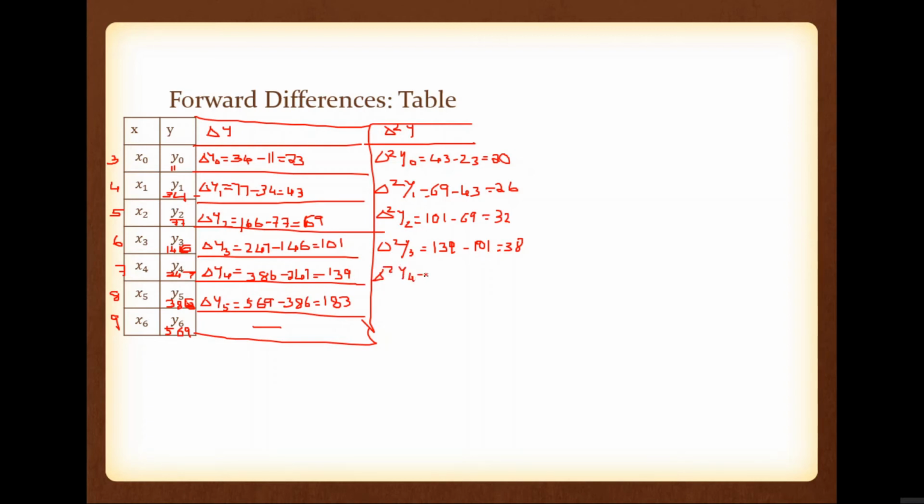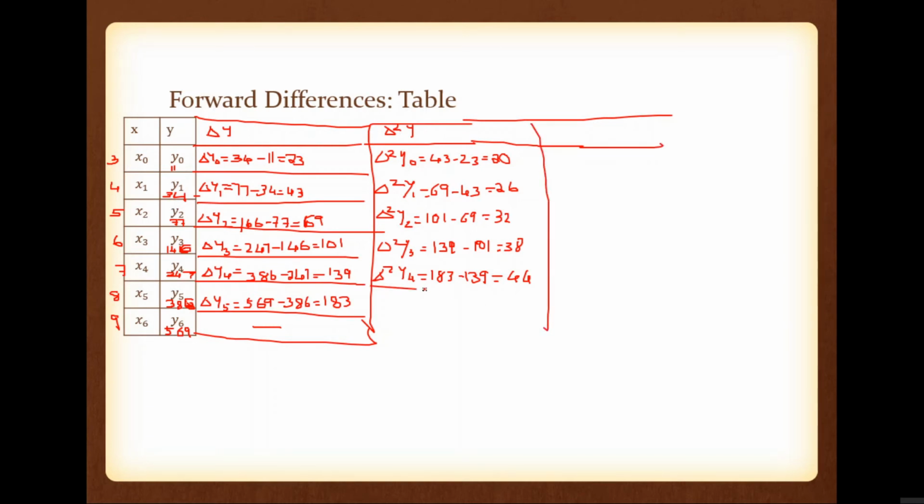So that is equal to 183 minus 139. So that is 44, right? It is 44. Okay, so this one is the delta square y column, right?